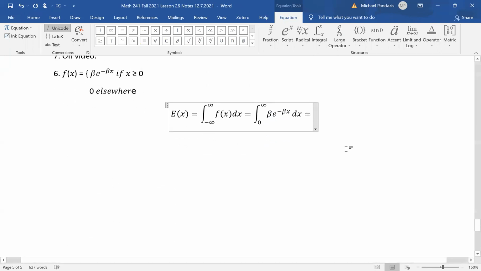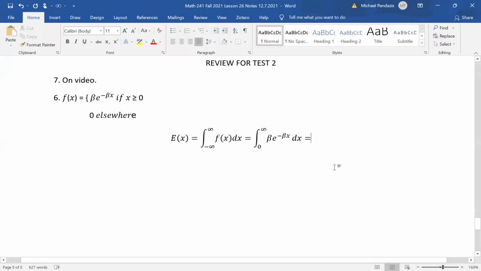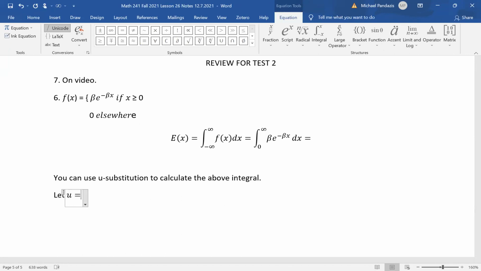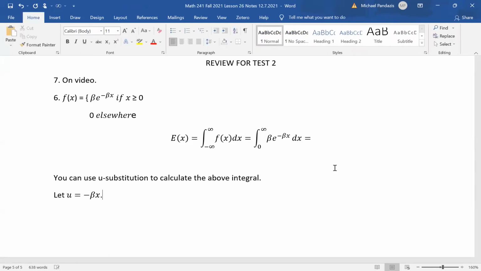Okay, so to integrate that, you can use u substitution to calculate the above integral. Let u equal, let's say, negative beta x.